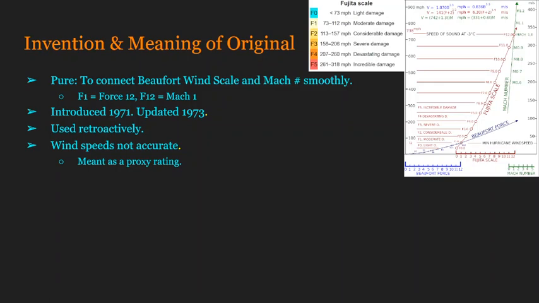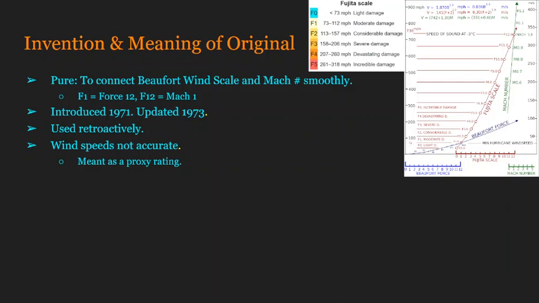Big note here, as you may have read ahead, the wind speeds here are not accurate. These are gross overestimates, and I do mean gross as in large. And from the very beginning, it's meant as a proxy rating, proxy meaning not true, I should say.